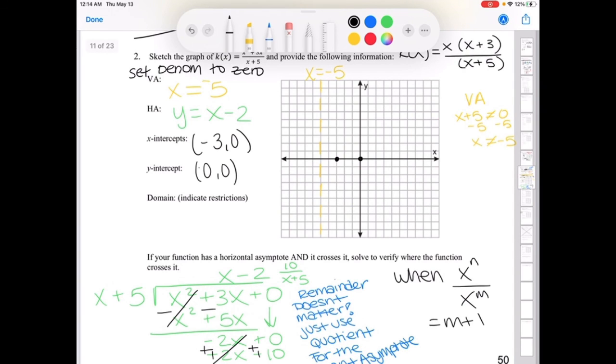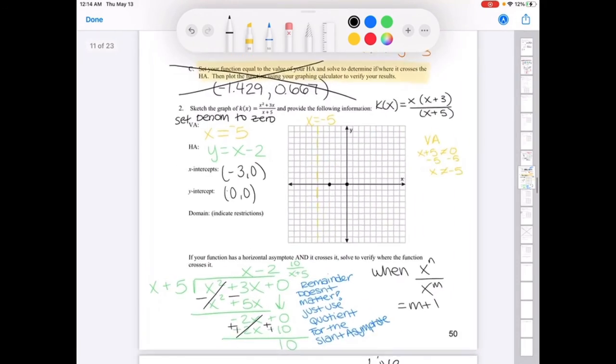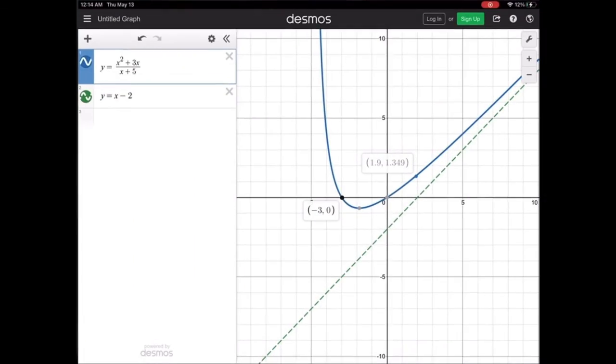And now I want to talk about my domain, and I want to include all the restrictions that I have here. I know that my domain cannot include -5, but it does include -3, and it does include (0, 0).